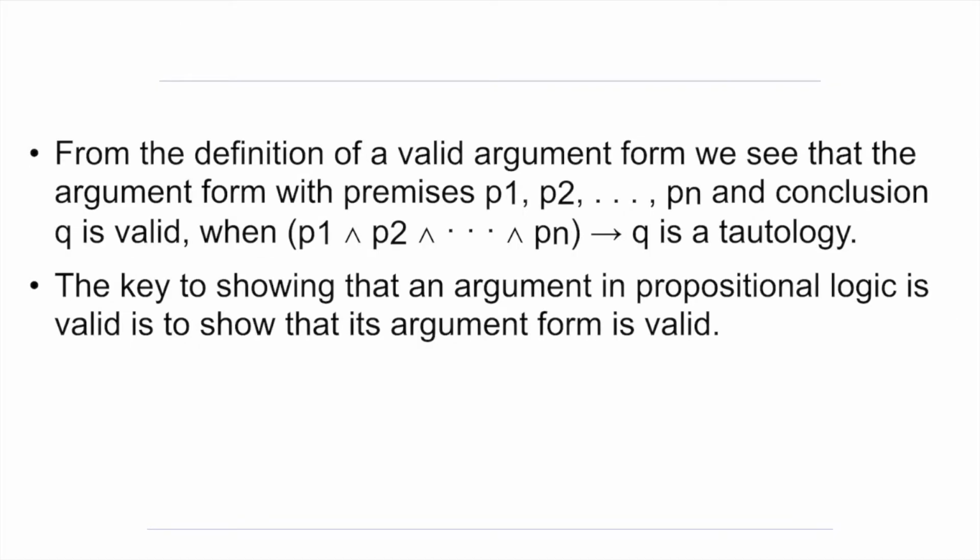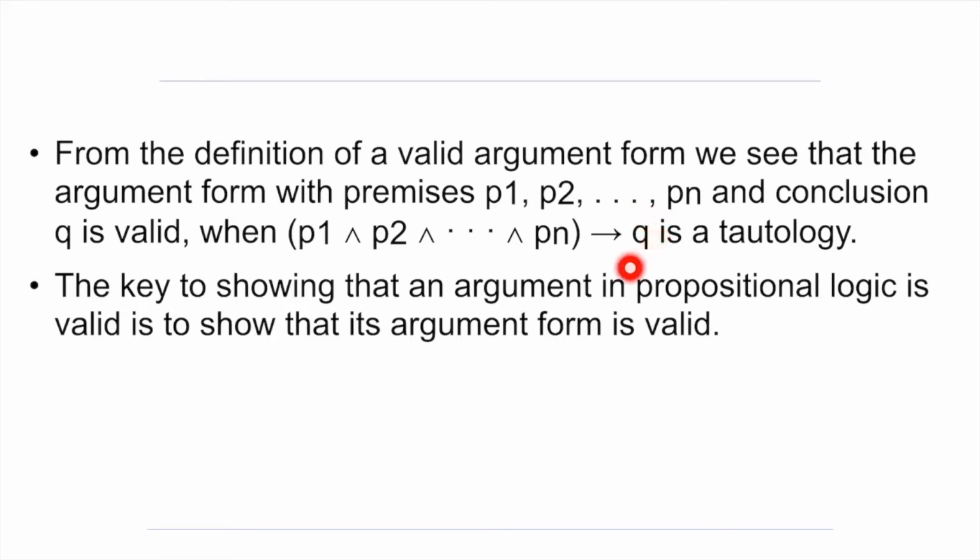From the definition that we saw before, we can also see that the argument from premises P1, P2, and Pn and conclusion Q is valid when P1 and P2 and Pn implies Q is a tautology. As you must remember, a tautology is a proposition that is always true.